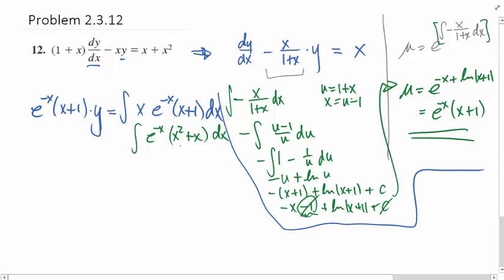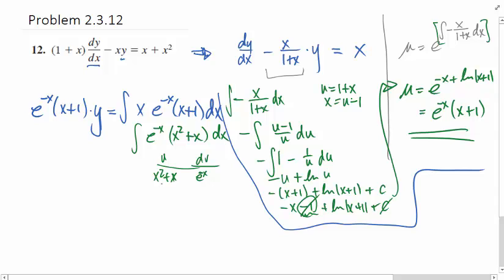I don't know if you've seen that technique where we have u's and v's and stuff. If we let u equal to the polynomial and dv equal to the exponential function, here we'll take a series of derivatives.